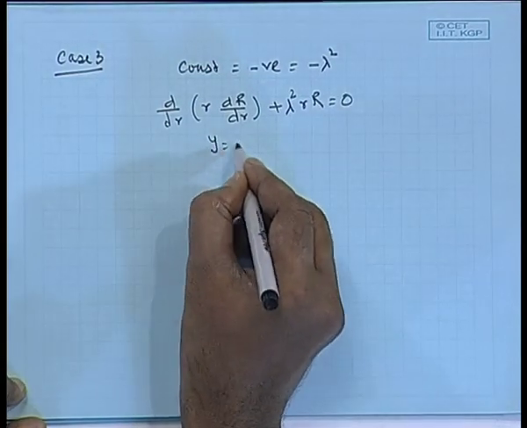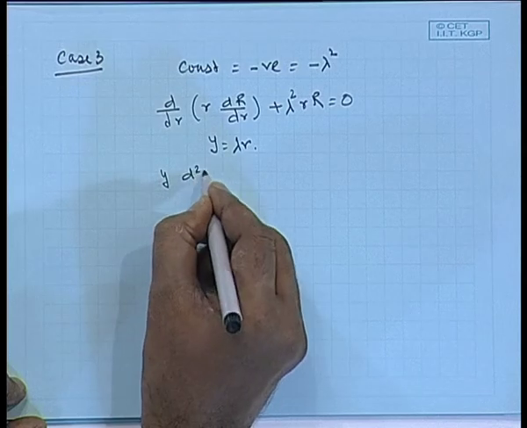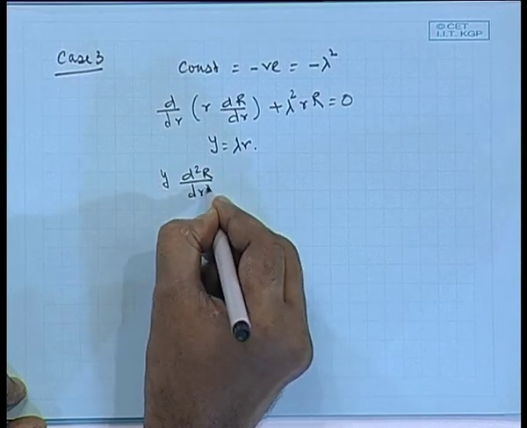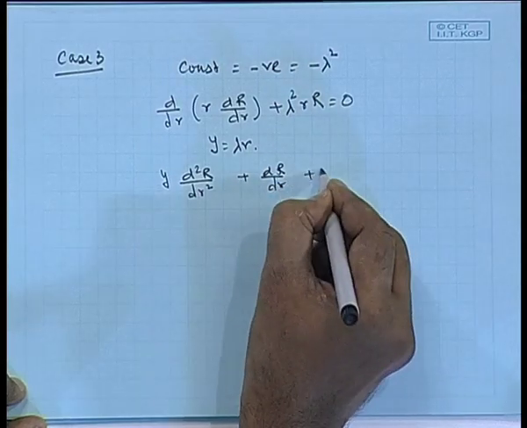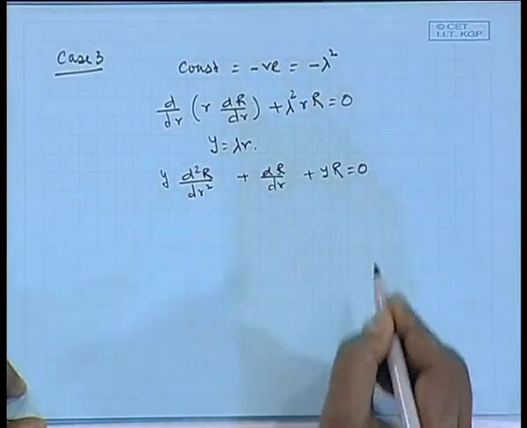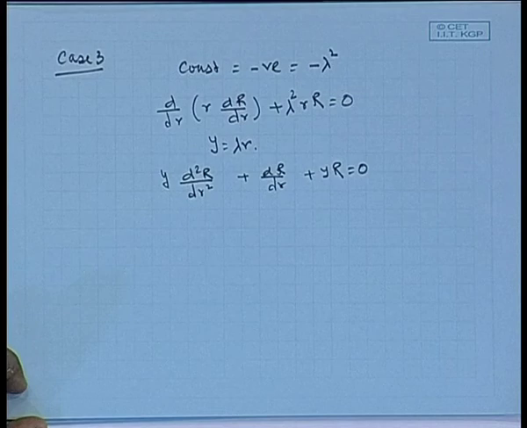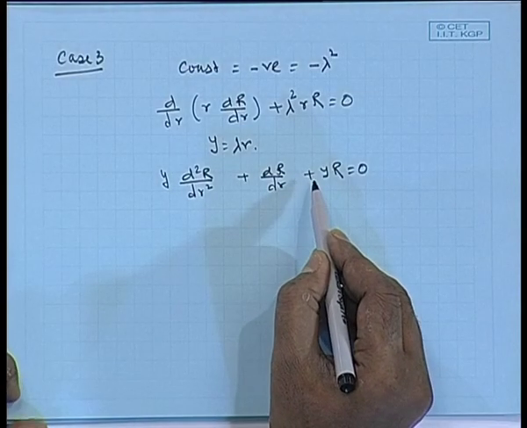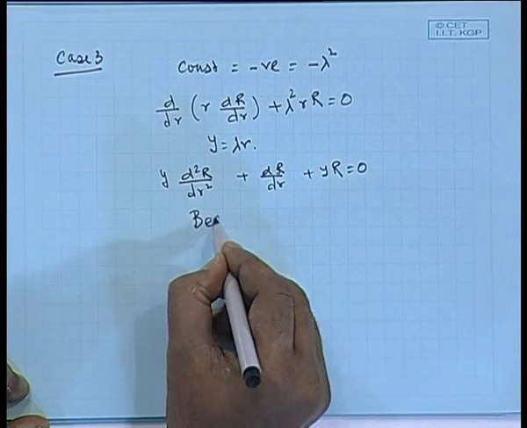You put y is equal to lambda r again, and what you will be getting is y d2R/dy square plus dR/dy plus y R is equal to 0. Now, you just compare this equation with the previous one. This is plus here and this sign was minus there. This is the Bessel function.